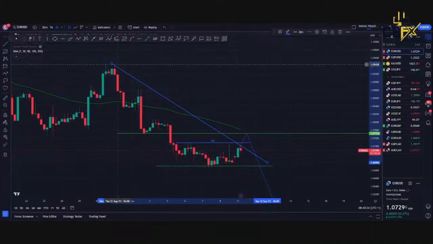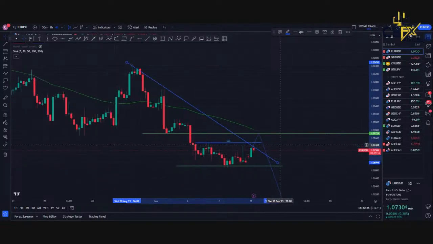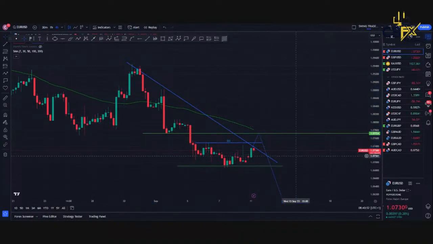They are liquidity pools. If you have a trend line like this, price can fake out, but what you are not seeing is that price is considering a lot of liquidity pool at that level, and it could fake out, and you'll be thinking it's a breakout of that trend line. Then it will come back in and start dropping again. But if you understand liquidity, you will understand fake outs much more easily. Okay, that's very important.